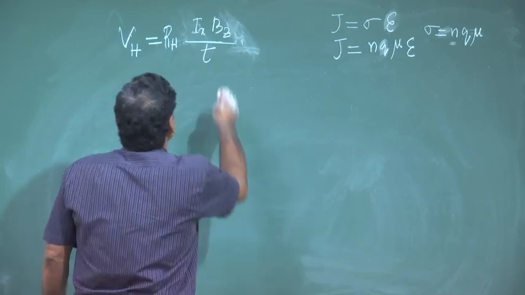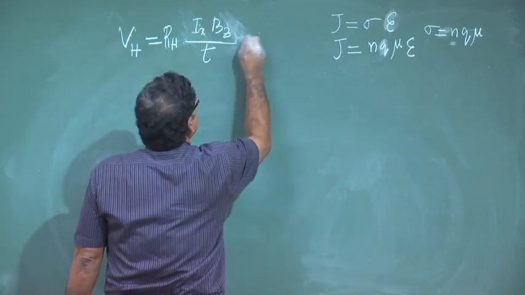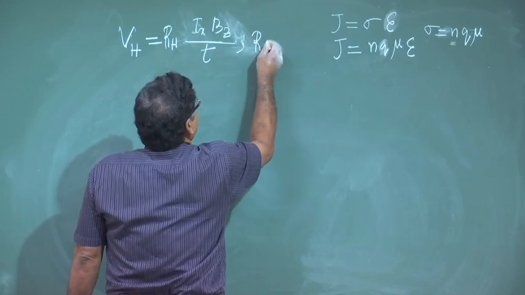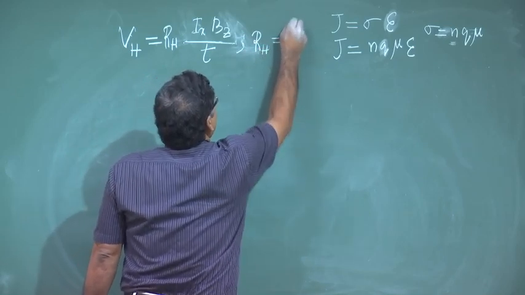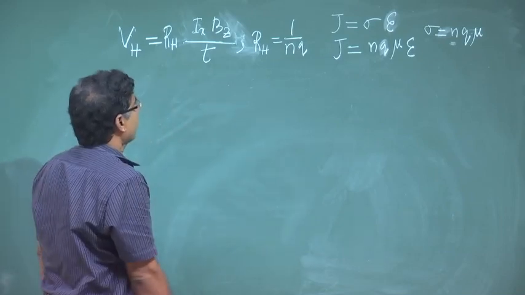And RH, what is RH? RH basically is 1 by NQ, right.